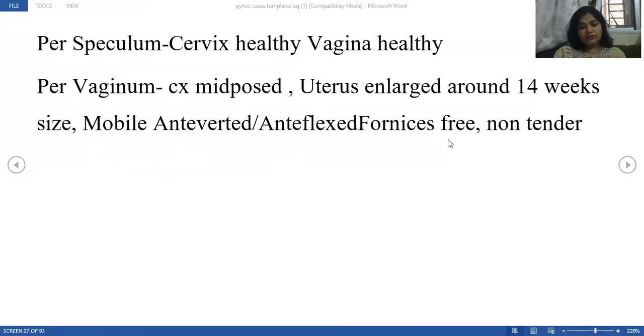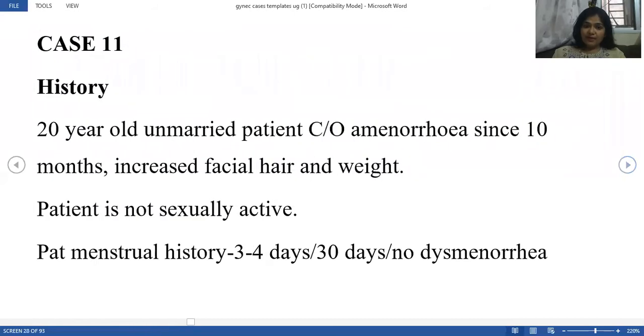Perimenopause is around 50 years or so, and at the same time this patient has a large uterus. Adenomyotic uteri are not more than 10 to 12 weeks at the most. Polyps are very small, intrauterine structures, and the uterus could even be normal size for them. So for such a large uterus, it is most probably going to be fibroid, right?